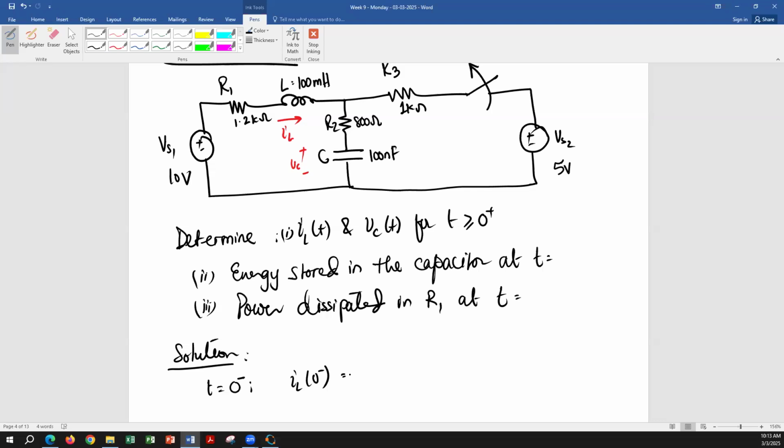That's the KVL equation, which is good. But I'm going to apply Ohm's law. L is a short circuit, the capacitor is an open circuit, so that branch is gone. So you have a single loop with two resistors R1 and R3, and the voltage on the left side is VS1, the voltage on the right side is VS2. So it's (VS1 minus VS2) divided by (R1 plus R3). That's your current.